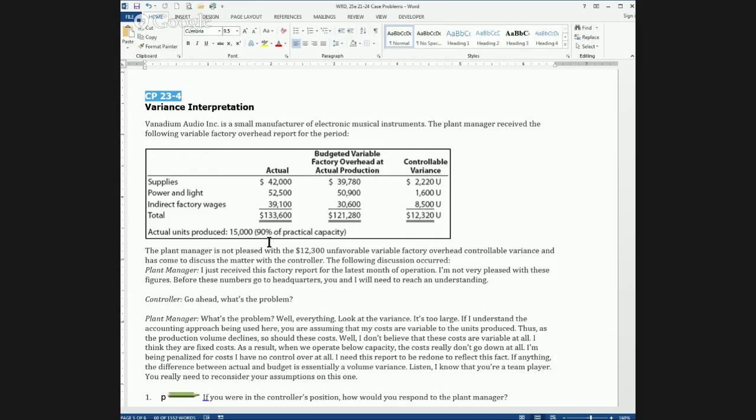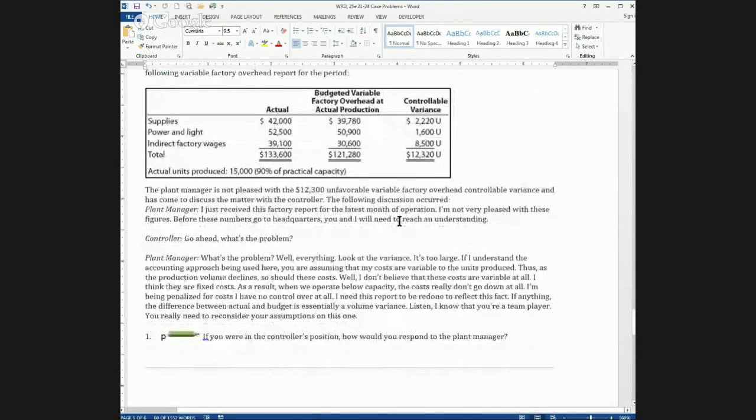planned. So despite working less, the manager is being faced with large unfavorable variances that are about 10% off of the budget. So 10% less cost and 10% less output. Does that reconcile?